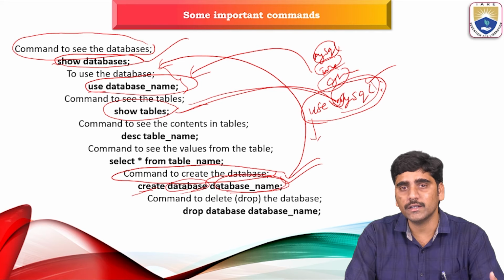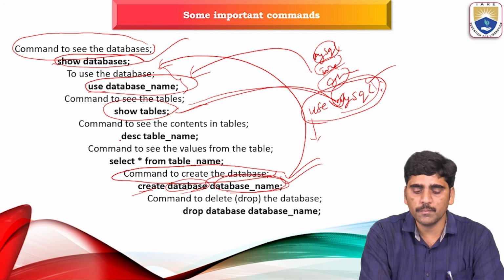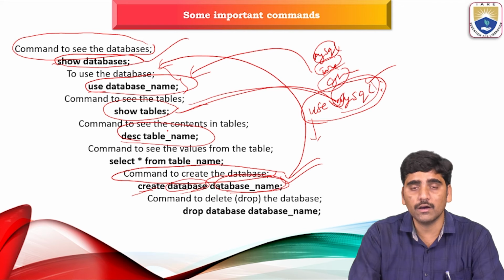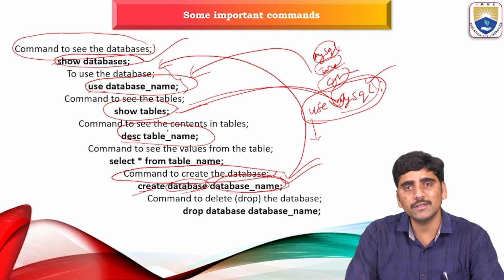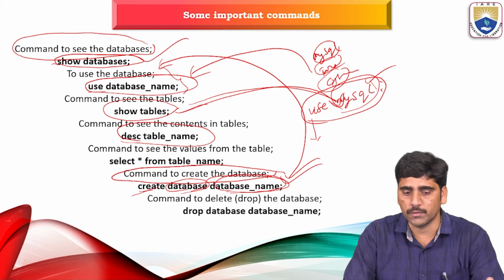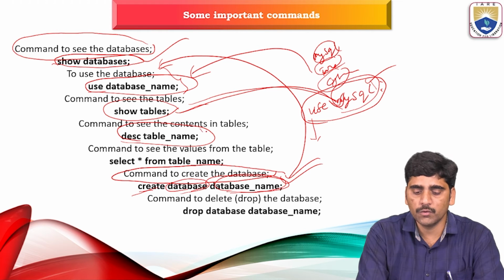Next, we have to see a table's information. We just type DESC, which stands for description or describe, followed by the table name.